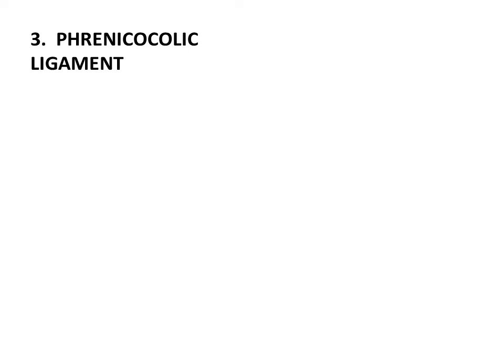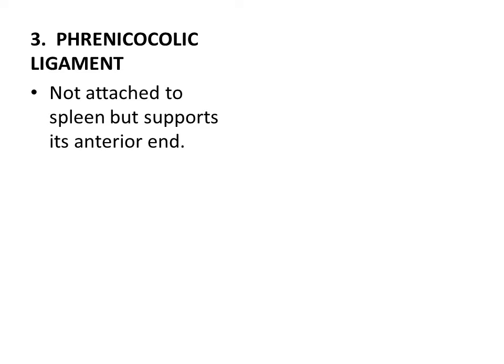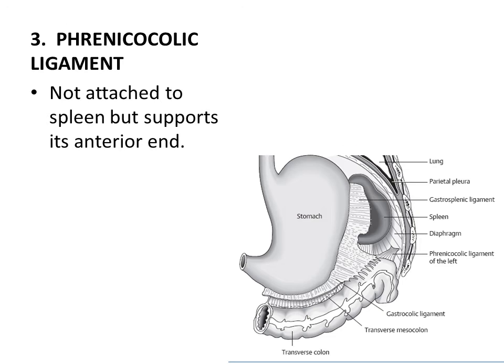Third ligament is the phrenicocolic ligament. See, this phrenicocolic ligament is not attached to the spleen, but definitely it supports its anterior end. It is a horizontal fold of the peritoneum. See over here, this is spleen, stomach, this is colon. So phrenicocolic, the name indicates its meaning.